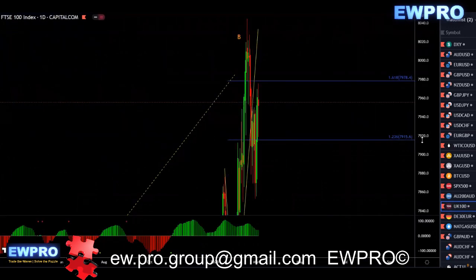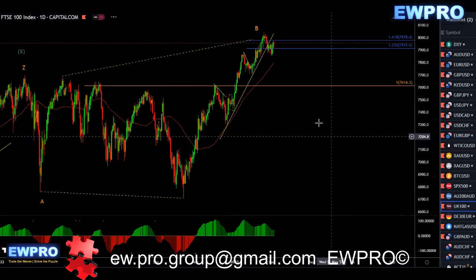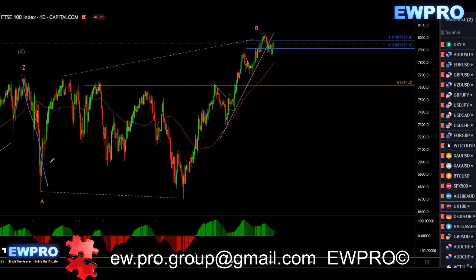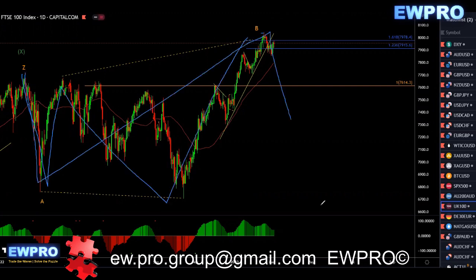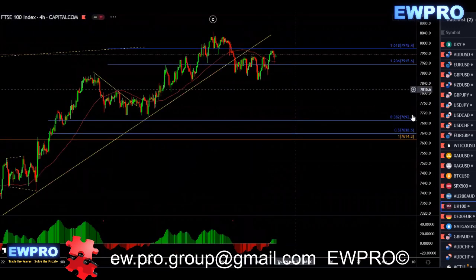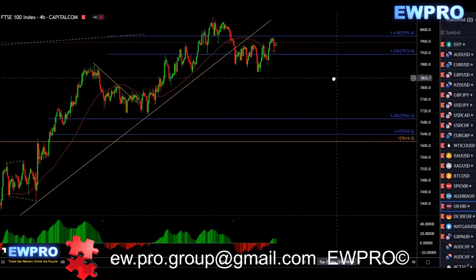The FTSE on the daily, this is at a top, so very risky to be buying. I'm looking for an A, B, C in the B wave, and we get an A, B, C. So I'm looking for downside. Very risky to be buying up here. I just wouldn't be doing it.